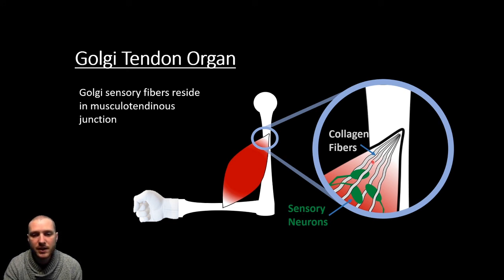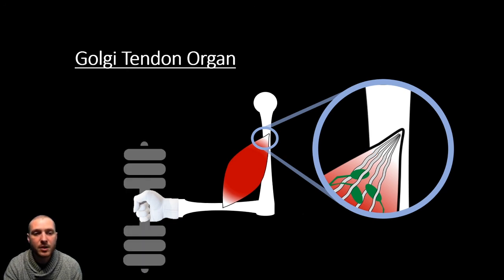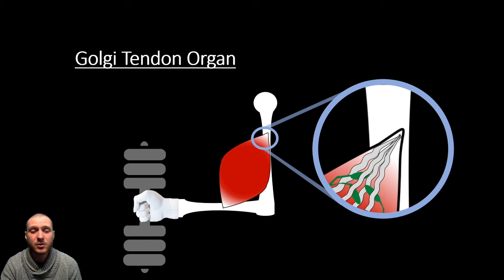And because they're embedded within these collagen fibers, when we act on these collagen fibers, they're going to stimulate these sensory neurons. So what's going to happen is, say we're lifting a heavy weight. Because the Golgi tendons are responsible for sensing tension, the more we're trying to lift, the more we're going to activate these Golgi tendon organs. And the reason that happens is we're trying to lift a heavy weight, our muscle is contracting, generating more and more tension, and you can see these collagen fibers have now enlarged or been made close together because of the tension.